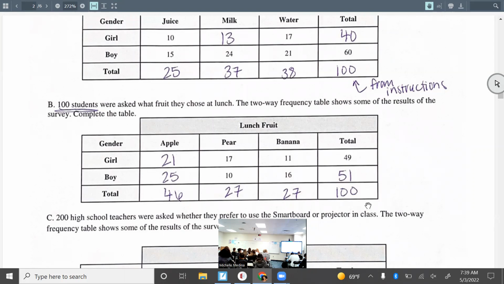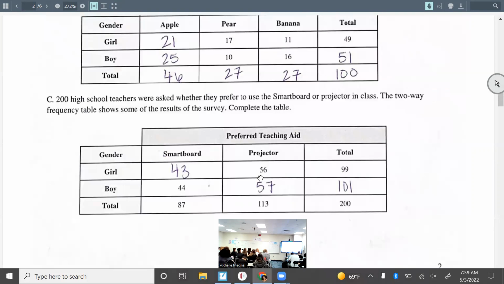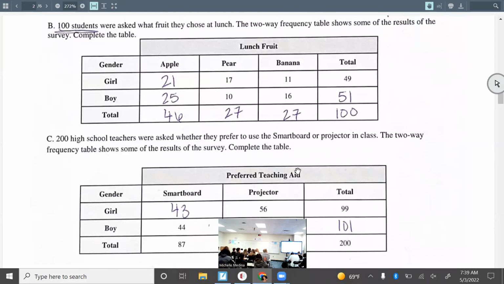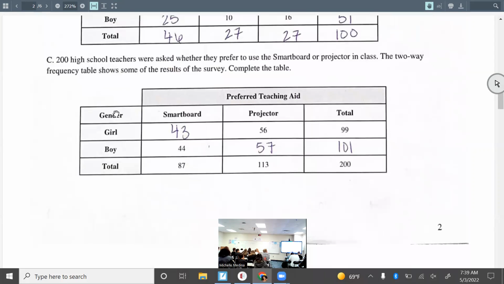You should know that the 100 goes in the grand total box. But they don't always have 100 people that they surveyed. Like in part C, they had 200 people that they surveyed. So that's why the grand total box is 200 for this one. This one I think was pretty easy. Any questions?